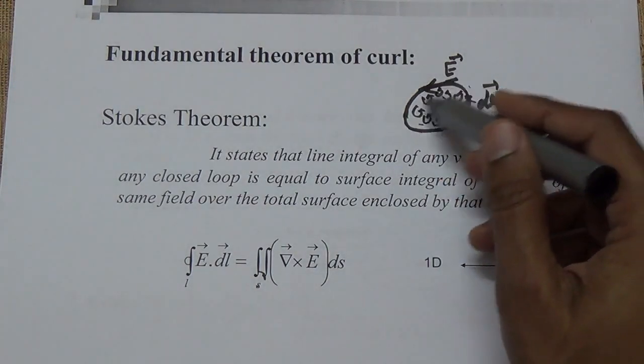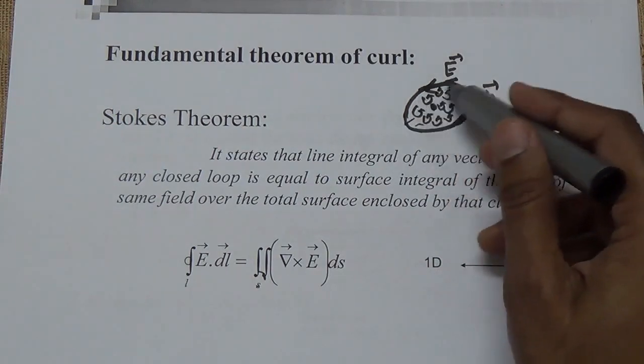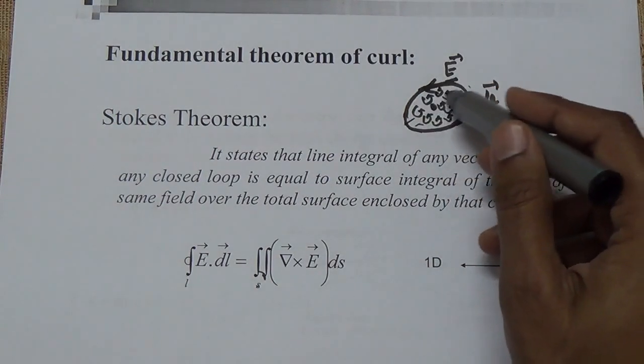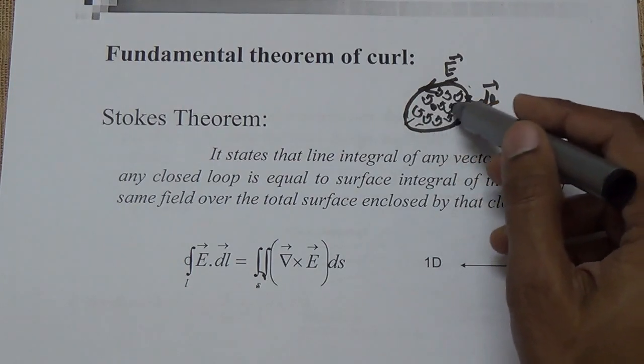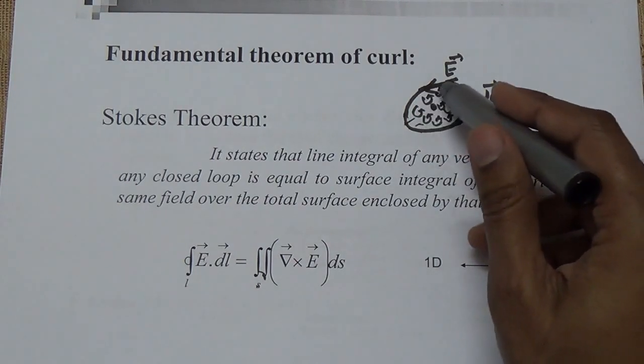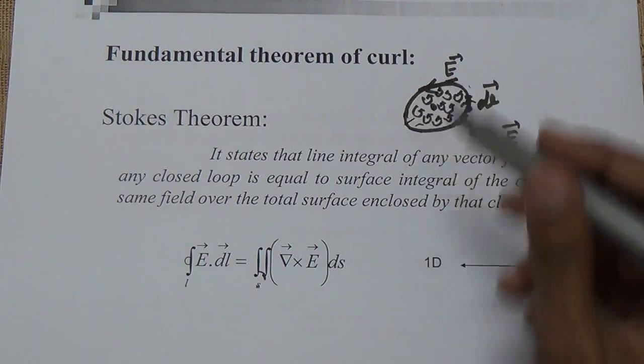This closed loop encloses this open surface, and within this surface we consider small portions of the curl, and the sum of these curls indicates the large one.